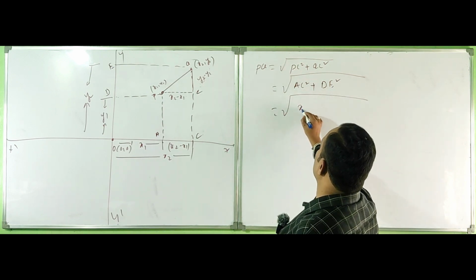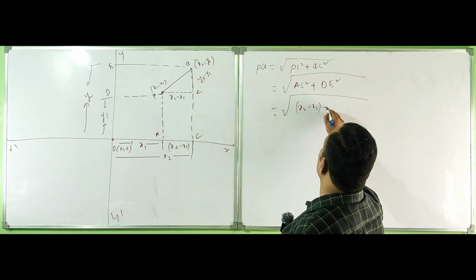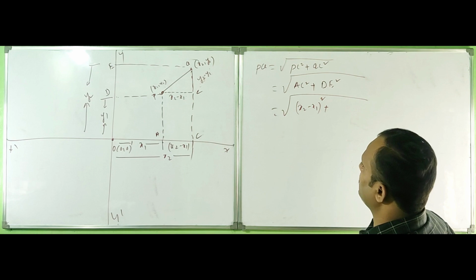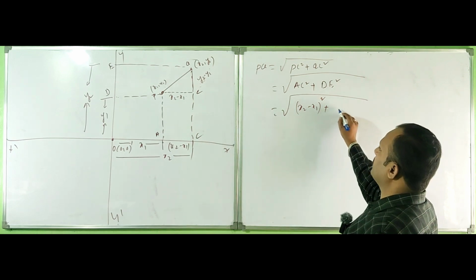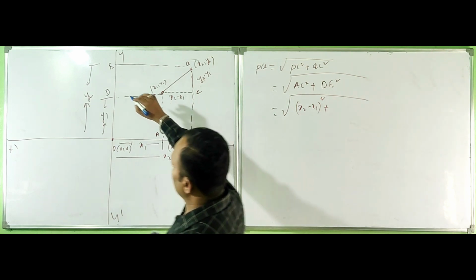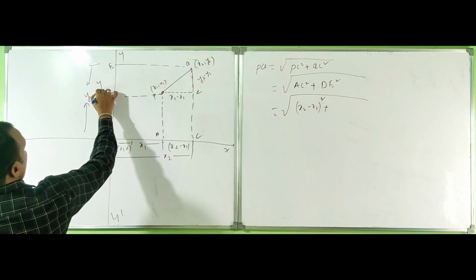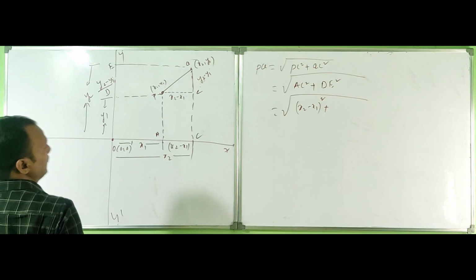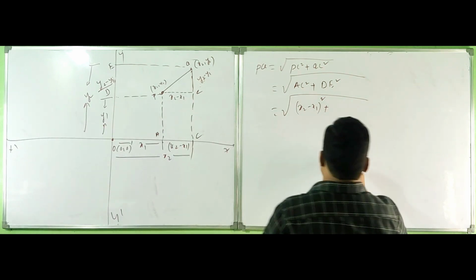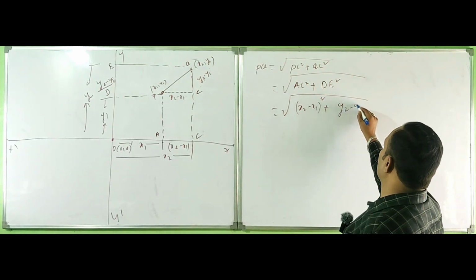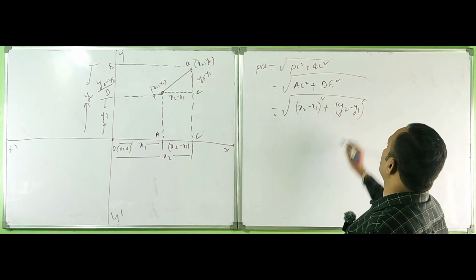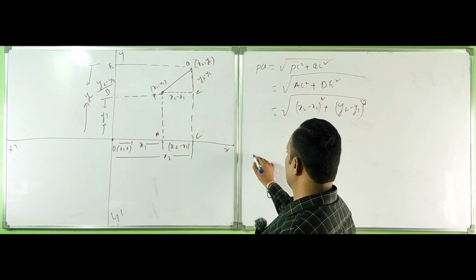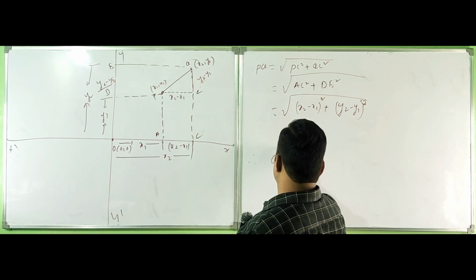AC is x2 minus x1 whole square. QC is y2 minus y1 whole square. Therefore, what is PQ? Writing PQ as D.